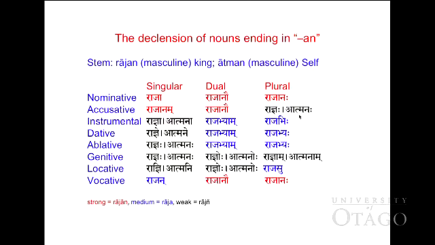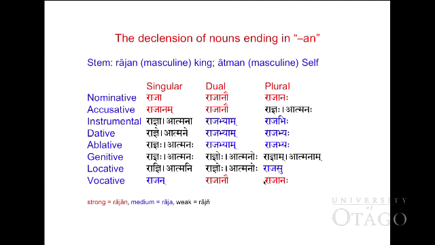A little bit different between rājan and ātman is over here in the weak stem, that is rājñaḥ and ātmanaḥ.